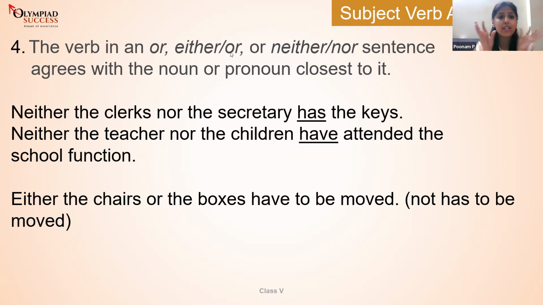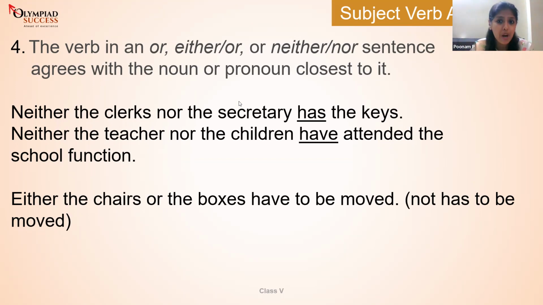Here, you are addressing two different subjects. Neither the clerks nor the secretary. Now, please understand the rule says when you're using neither-nor or either-or, you pick the verb which agrees with the noun or pronoun closest to it.